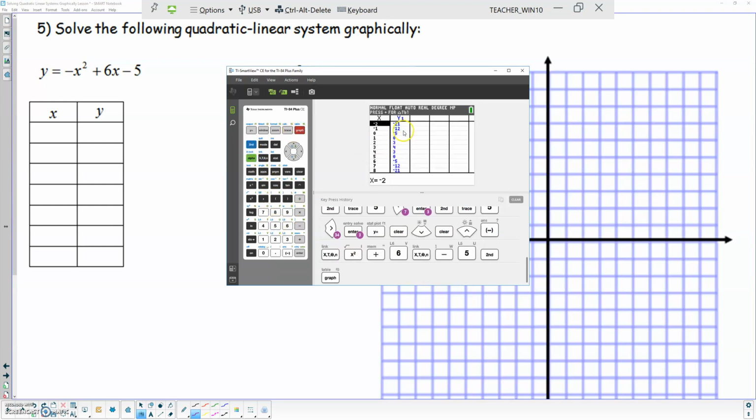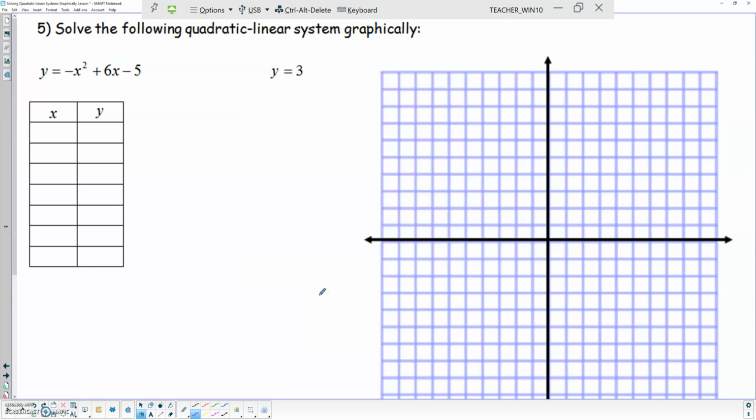So again, I'm looking for where my y values repeat, so I have that right here. So my interval is going to be 0 to 6. Okay, so the corresponding y values were -5, 0, 3, 4, 3, 0, -5.